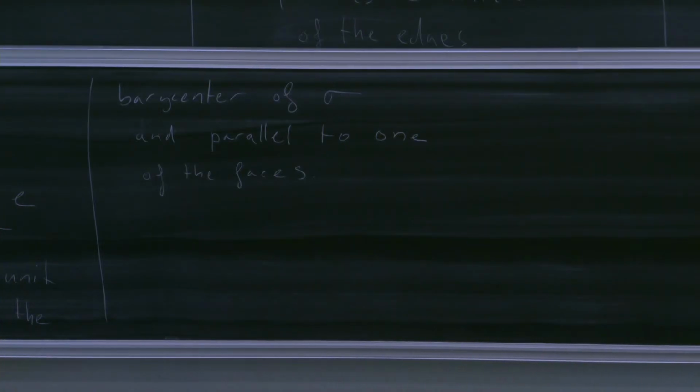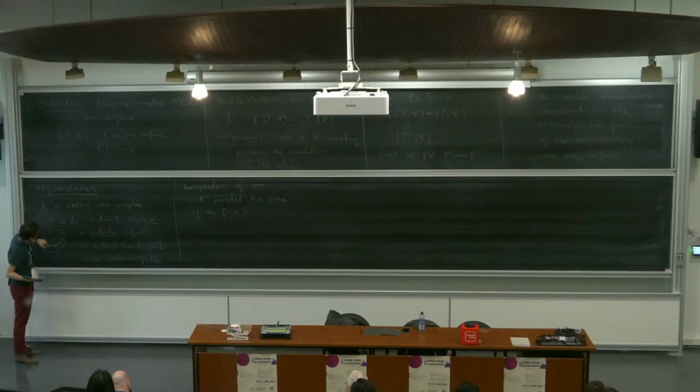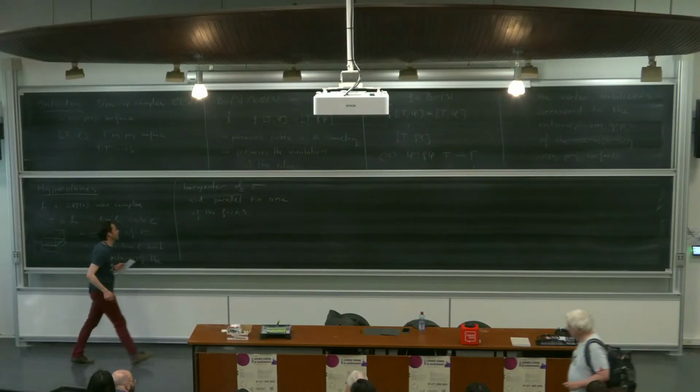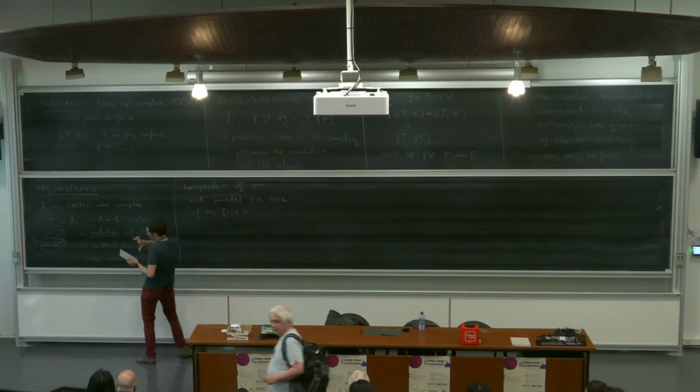Okay, and now we would like to enlarge this also to other cubes. So basically what we do, we look at some equivalence relation on the edges of our cube complex. And it's just given by being parallel.